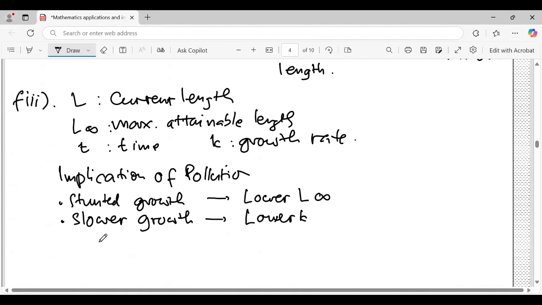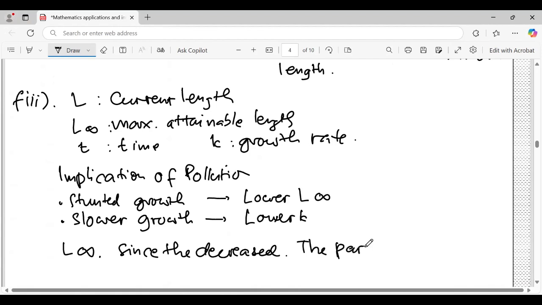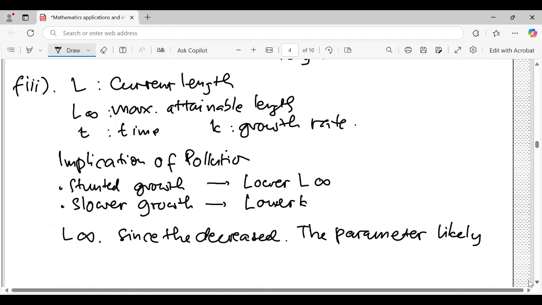Now the answer for this question is that the parameter likely affected by pollution is L infinity, since the length decreases.